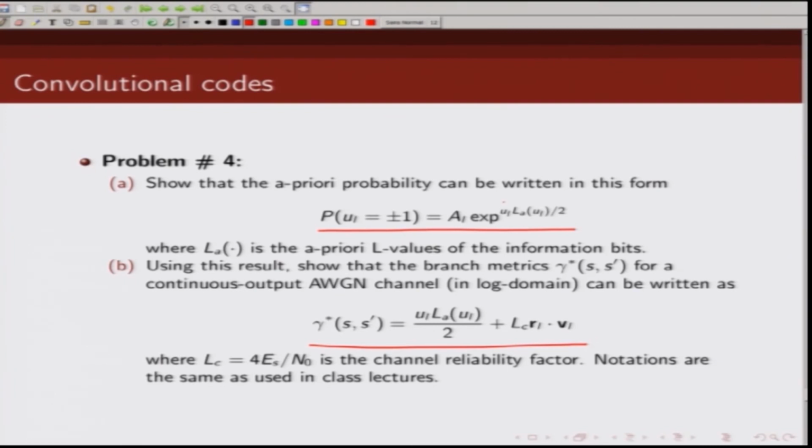Now, UL is my input, LA is the APP value for the a priori inputs, LC is the reliability factor which is given by 4 times ES by N naught. Other notations are same as which are used in the lecture. V is the code word, R is the received sequence. So, can we write these in terms like this?